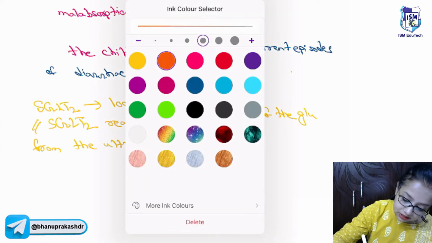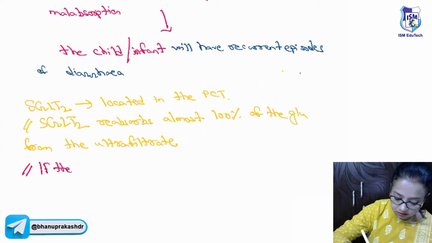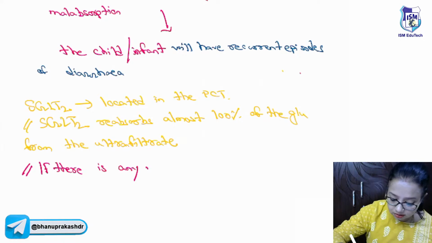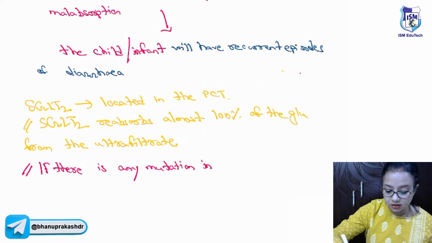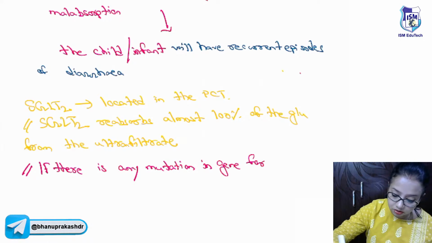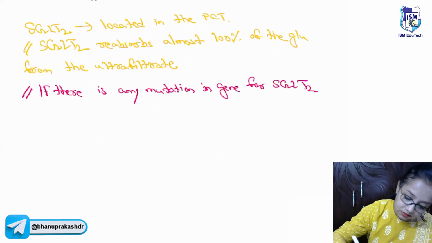Okay. Now, in this condition, if there is any mutation in the gene signaling for SGLT2, then what will happen?